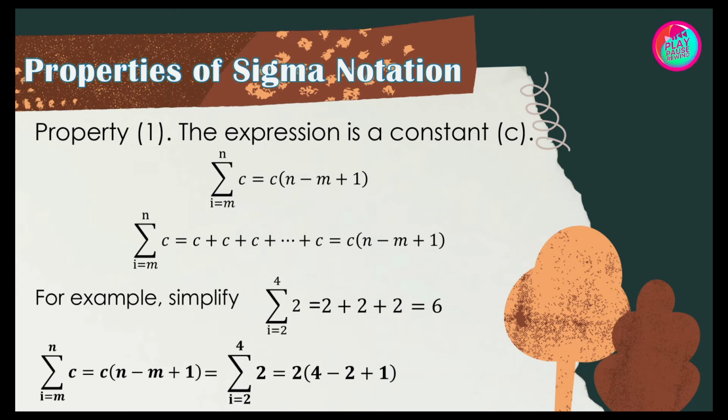The summation of 2 from i = 2 to 4: the constant c is 2, the value of n is 4, and the value of m is 2. So 2 times (4 - 2 + 1) is 2 times 3. The answer is 6.